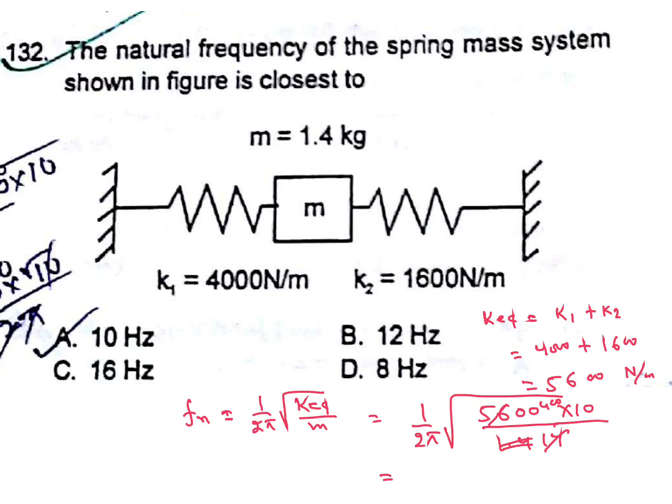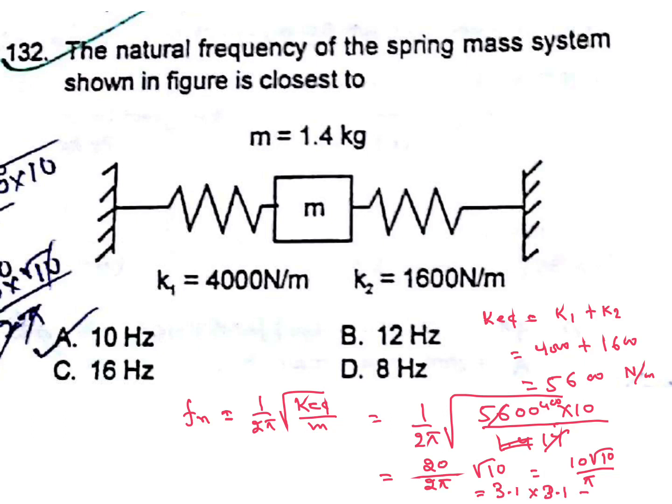400 is 20 square, so 20 by 2 pi into root 10. You will get 10 root 10 by pi. So approximately we will get 10 by pi, pi is 3.1, and root 10 is also around 3.1.